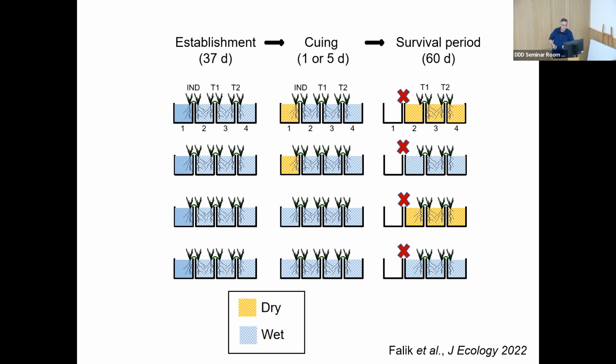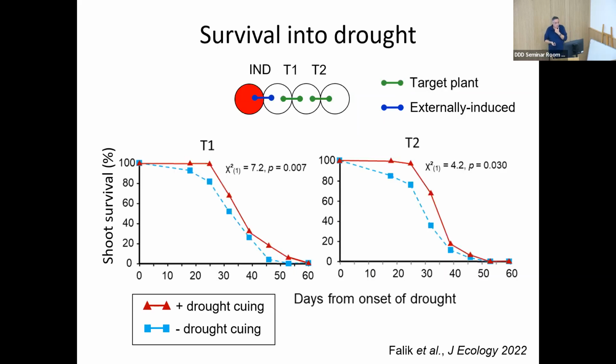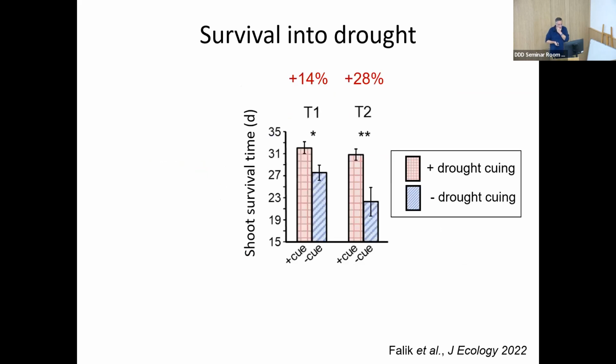So this is survival of the targets into drought. You can see an advantage to plants that were communicated by stress signals in the roots. And you can see 14 to 28 in the T1 and T2, advantage in survival into drought.